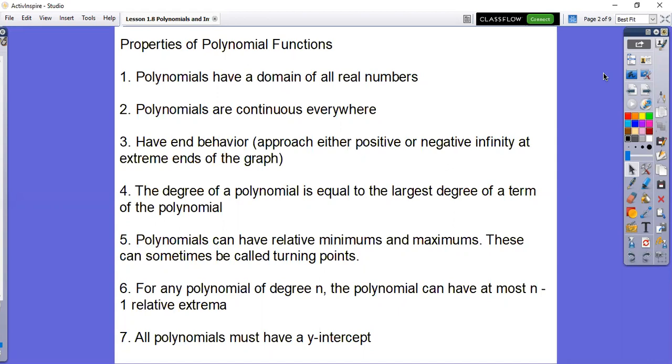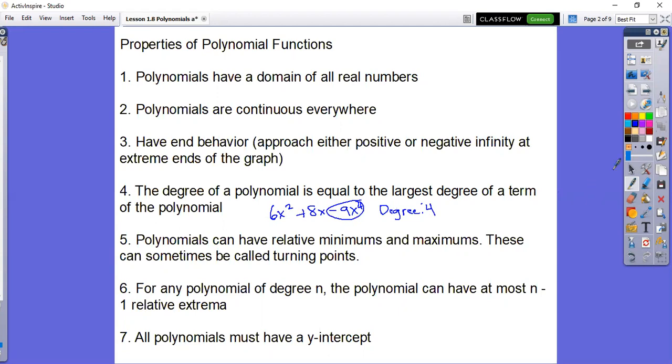So basically what that means is if I have something like, let's say 6x squared plus 8x minus 9x to the fourth, this would be the term that determines the degree because it has the largest power. So the degree of this polynomial would be 4. And this -9 here would be called the leading coefficient because that's the coefficient of the term with the highest degree.